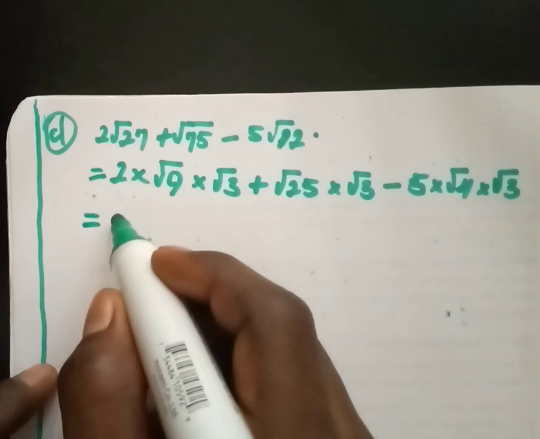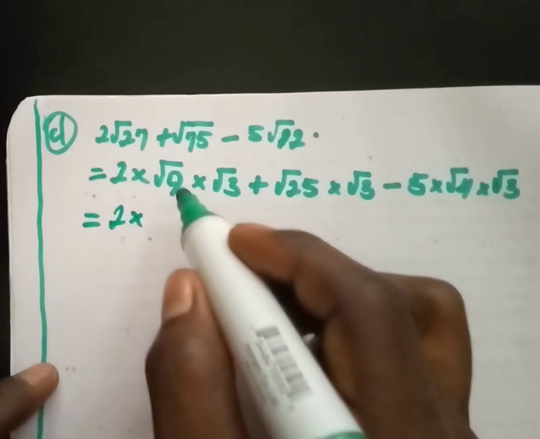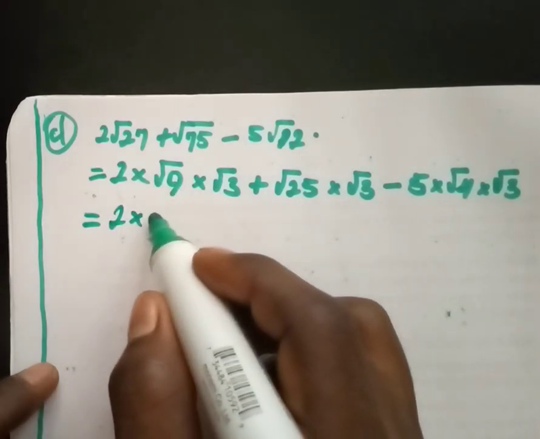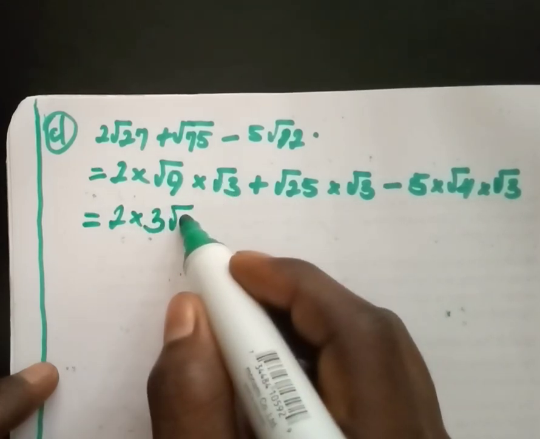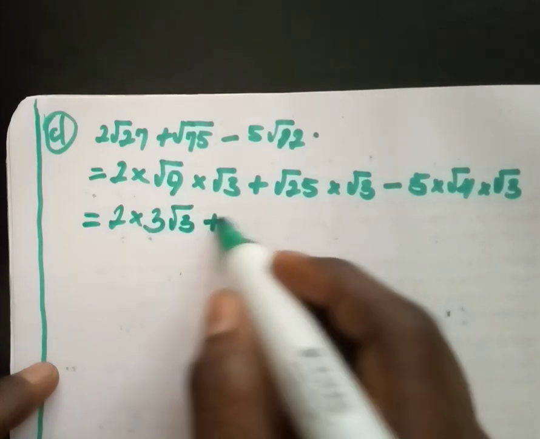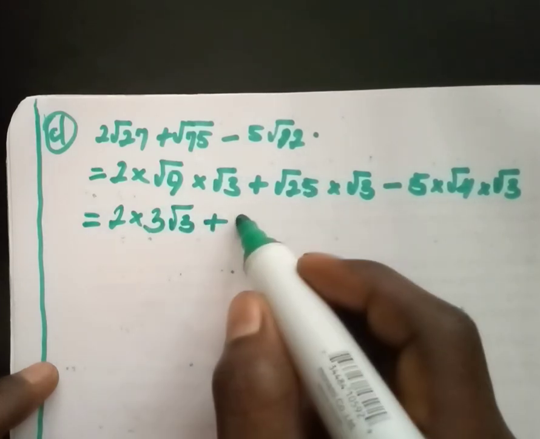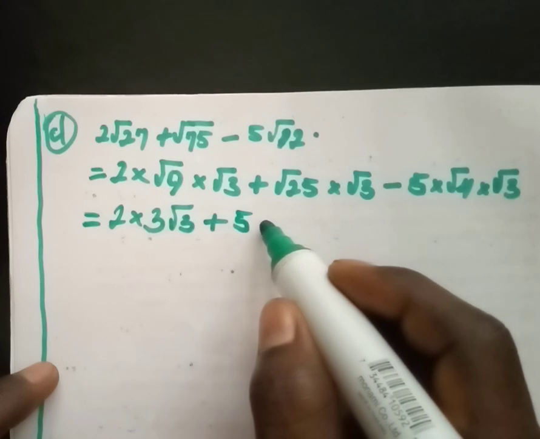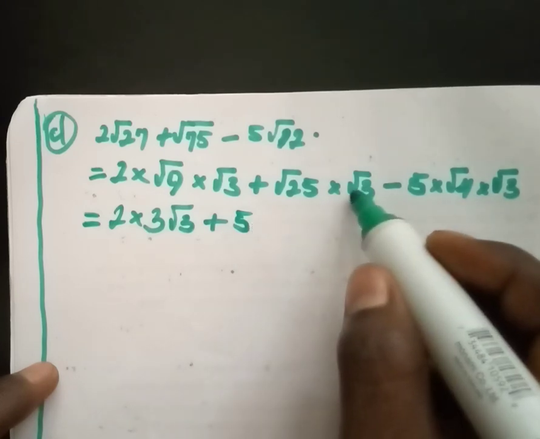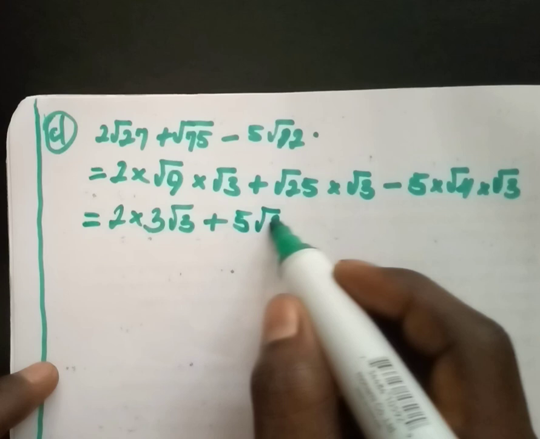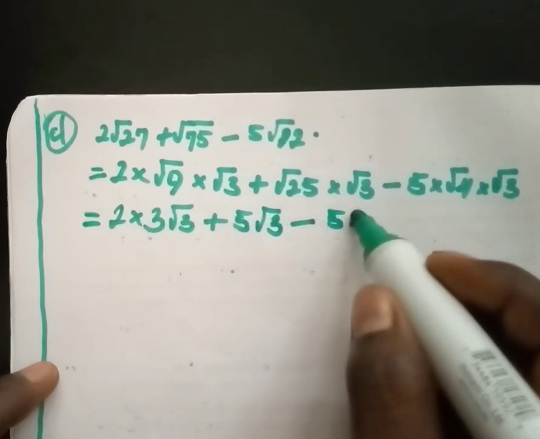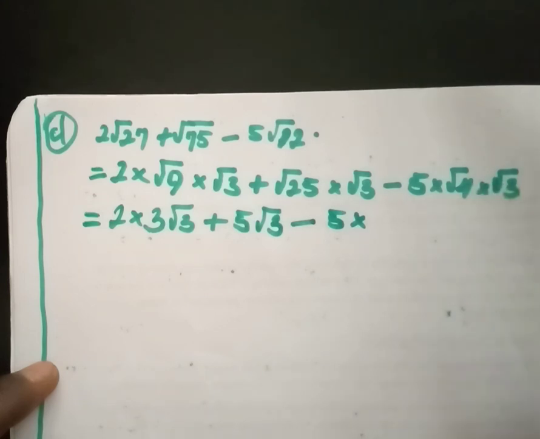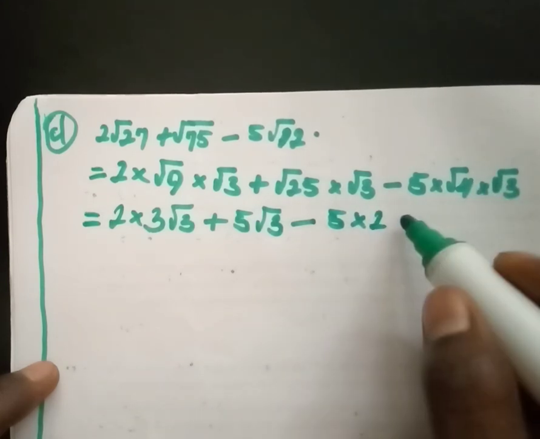And this is equal to 2 times root 9 is 3, root, this root 3 plus root 25 is 5, and then you bring in this root 3, minus 5 multiplied by root 4 is 2, and then you bring in the root 3.